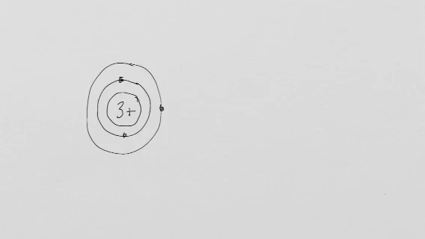So this is an atom of lithium. If we want to bond this to an atom of, let's say, fluorine, well, fluorine over here has an atomic number of 9, which means that we're going to draw our first orbit, and we're going to have these 2 electrons.